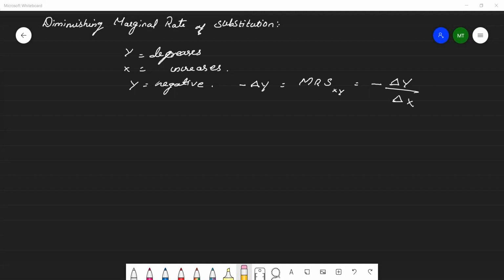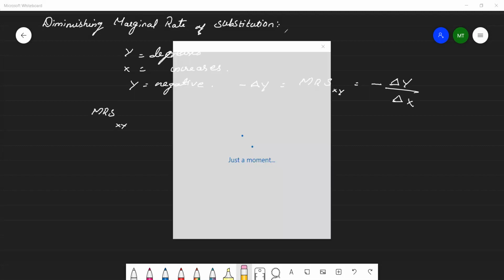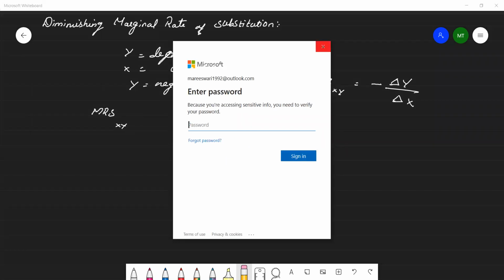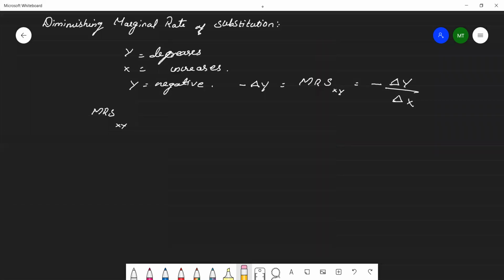However, as with the price elasticity of demand, the convention is to ignore the minus sign. So MRS of xy is equal to change in y by change in x.